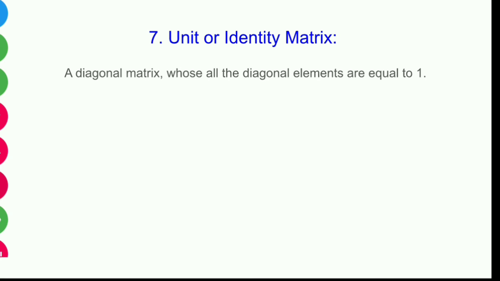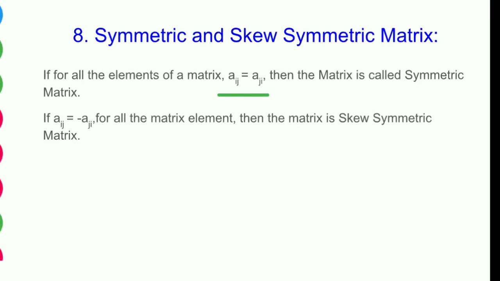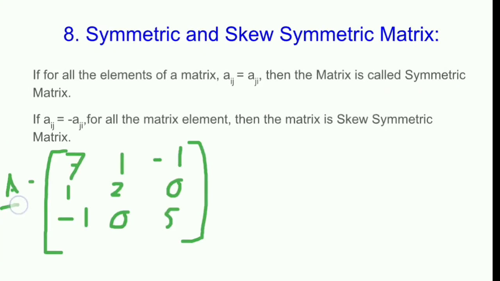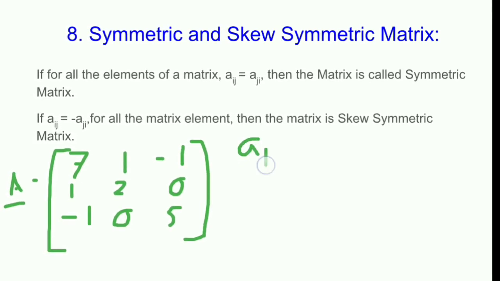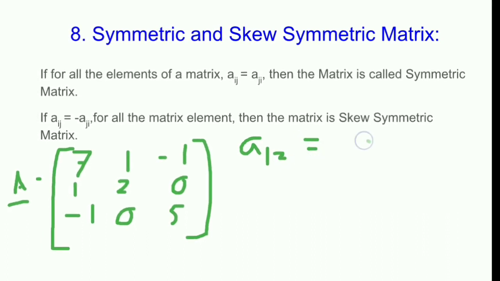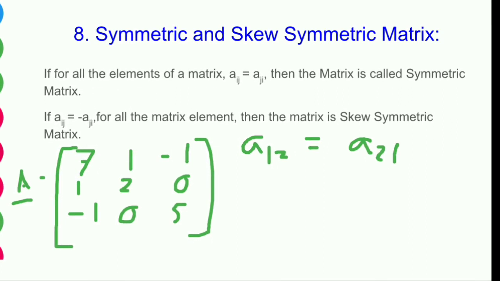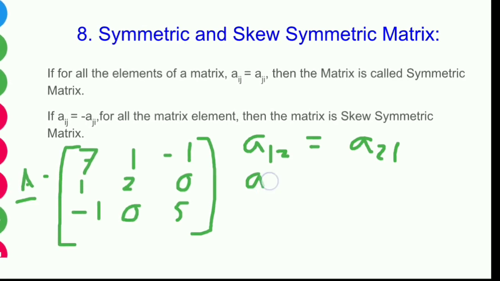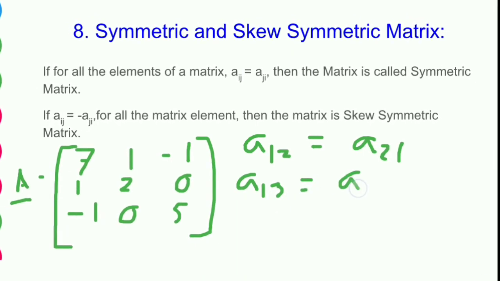If in a matrix the element at the ij position is equal to that at the ji position, then the matrix is called a symmetric matrix. Let us take an example of matrix A. If we compare all the non-diagonal elements, we can see the element at position A12 is equal to the element A21. Similarly, if we compare A13, we can see it is equal to A31.